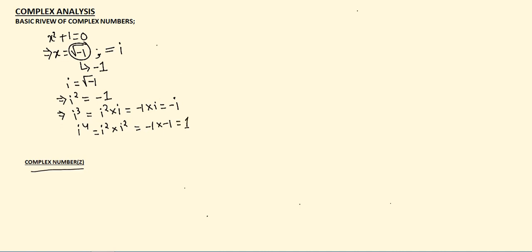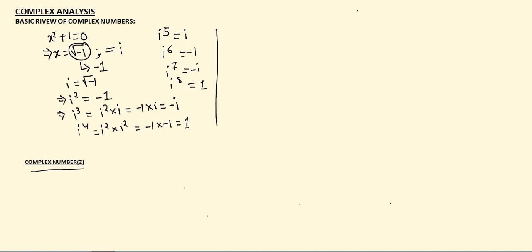In the same procedure we can find the value of i to the power 5, that is equal to i, i to the power 6 equal to minus 1, i to the power 7 equal to minus i, and i to the power 8 equal to 1.